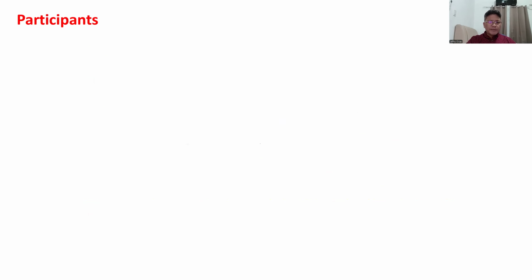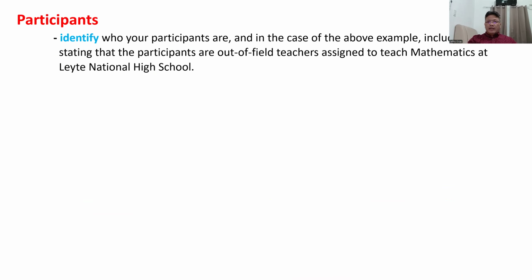Okay, and then let me proceed to the participant section. In writing this section, we start with identifying who your participants are. In the case of the above example, lived experiences of out-of-field math teachers in Leyte National High School, this includes clearly stating that the participants are out-of-field teachers assigned to teach mathematics at Leyte National High School.